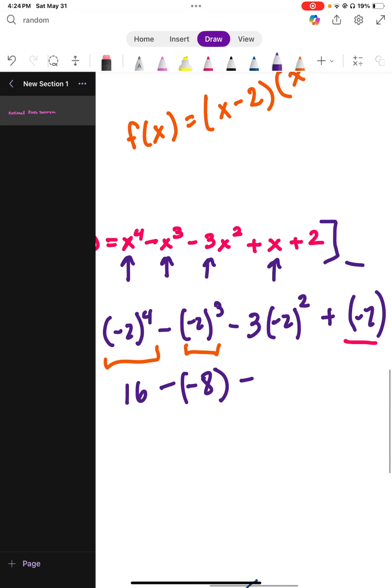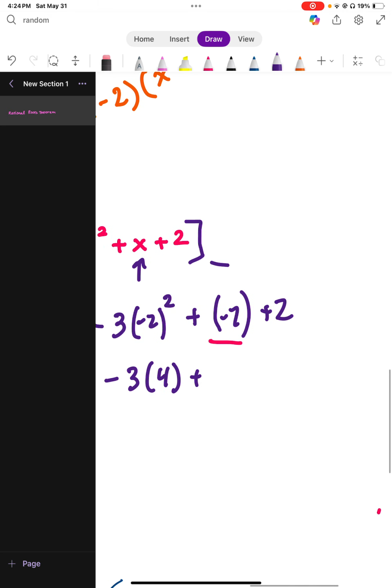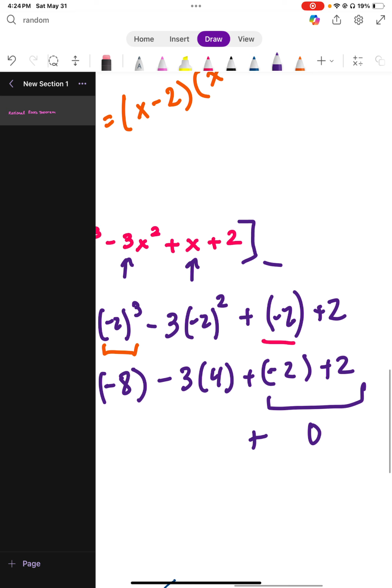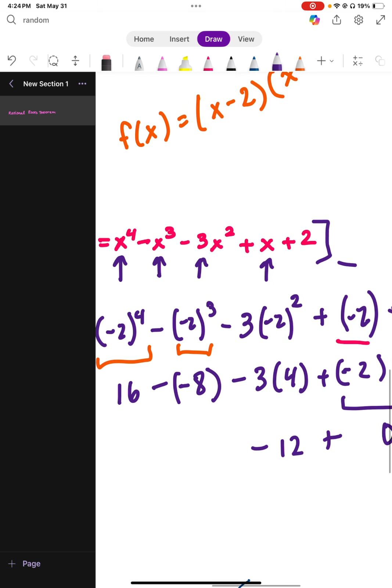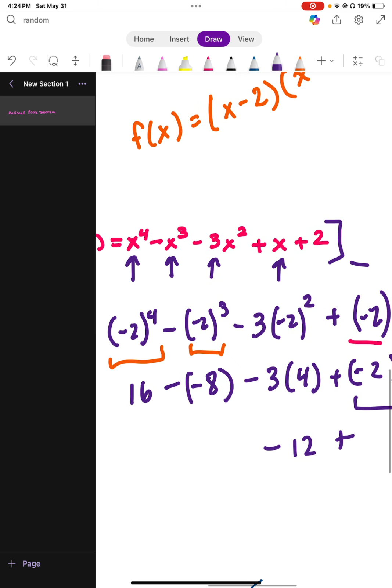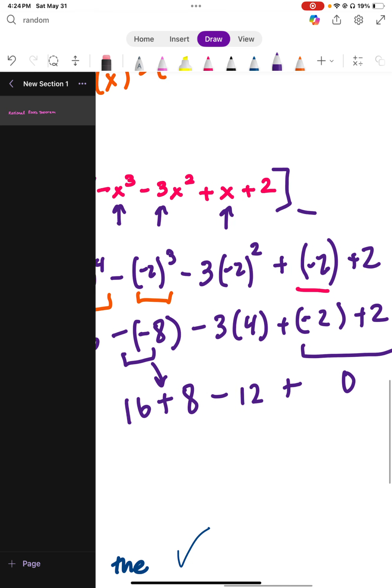Minus goes away here. Plus negative 2 plus 2 here. This is going to be 0 plus 12 minus. These negatives kind of cancel each other out, so it's going to be 8 plus 16, and the plus is because of that.